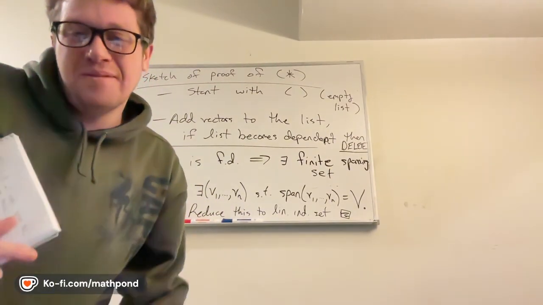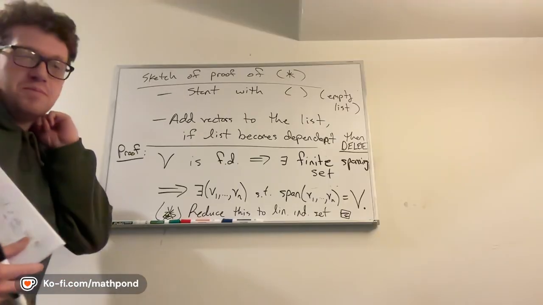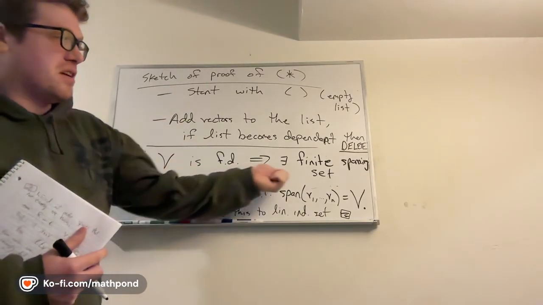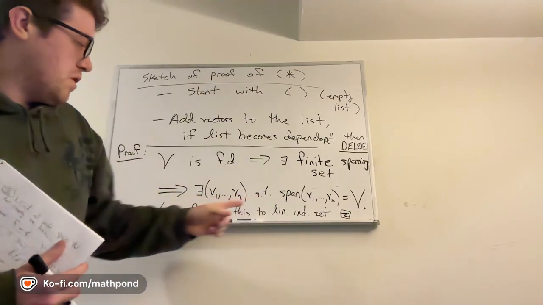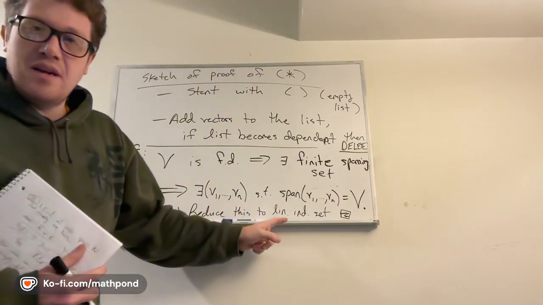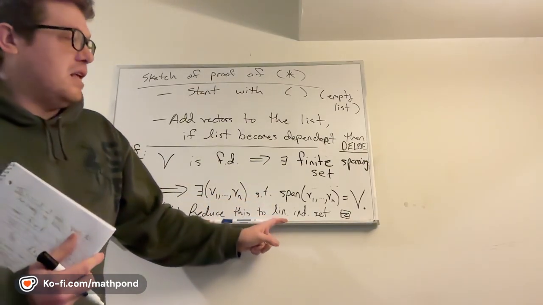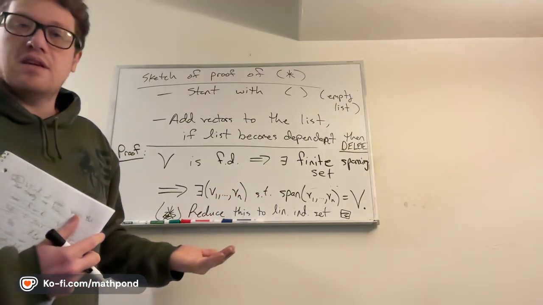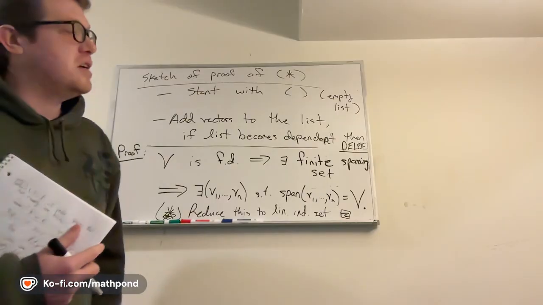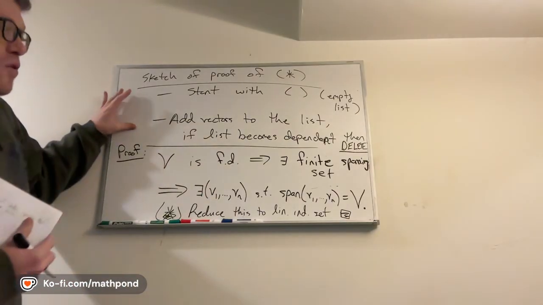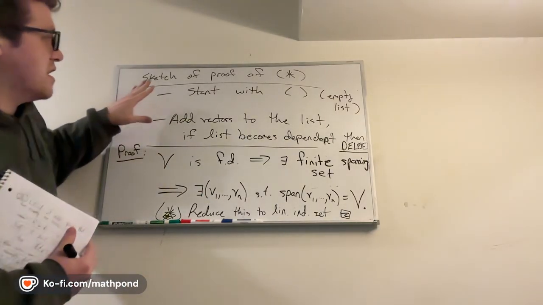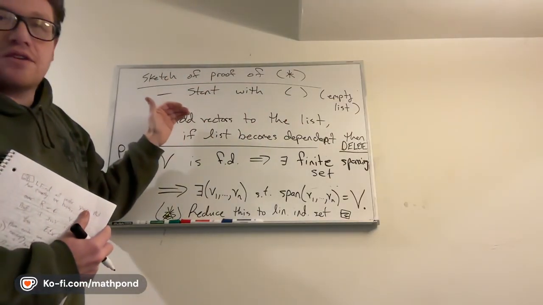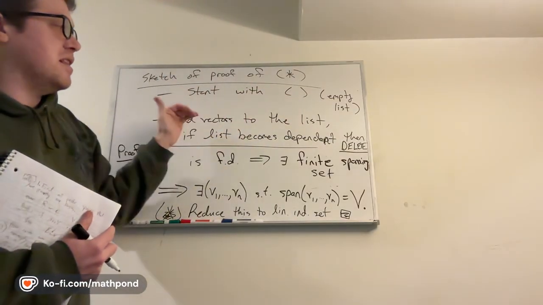Okay, so the clean proof is: V is finite dimensional, so there exists a finite spanning set. Reduce that spanning set to a linearly independent set, which has less than or equal to the number of elements, and then you have a linearly independent set that spans the same space, and you're done. How do you prove that you can reduce that? Here's a sketch of the proof. You start with an empty list, and you start adding vectors from your spanning set to the list.